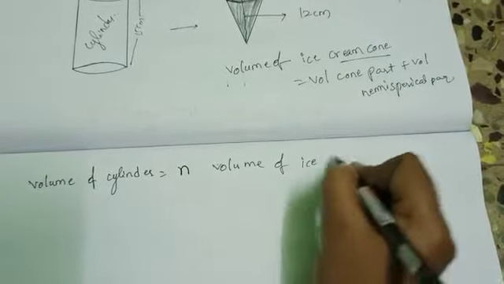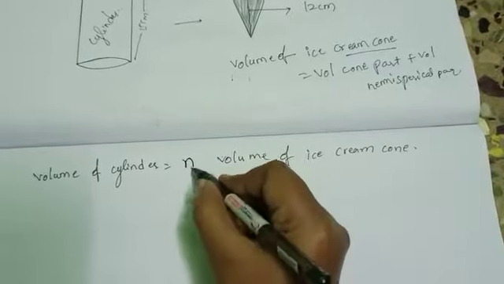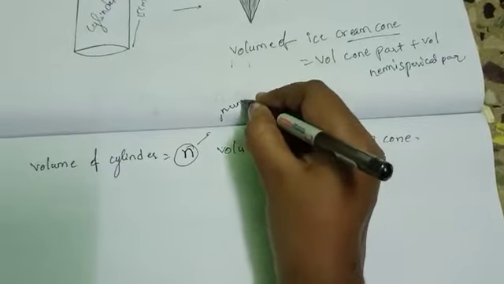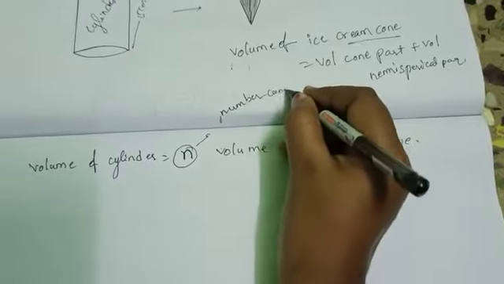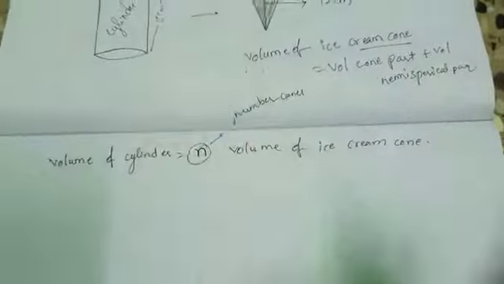Here N means the number of ice cream cones required for the total ice cream.